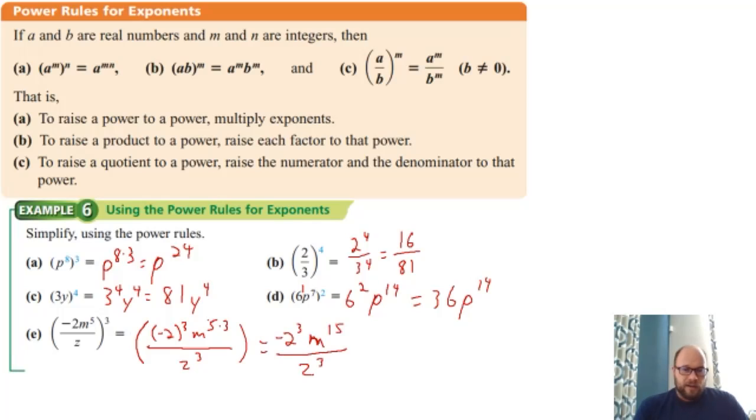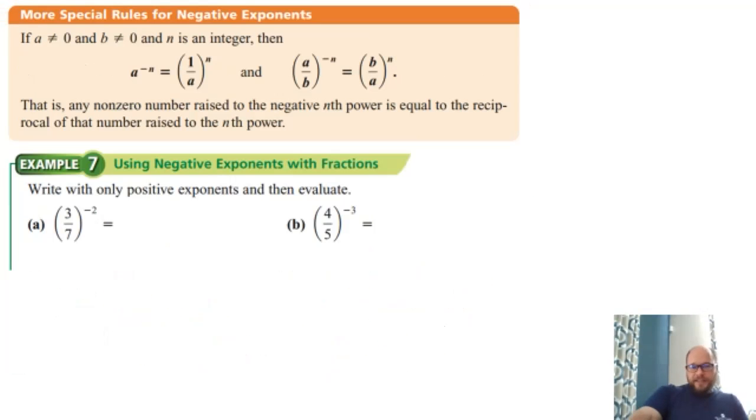We could simplify this. -2 times -2 times -2 is going to give us a -8. So we could also rewrite this as a -8 m to the 15th over 2 to the 3rd. That'd be our answer. All right, this one is really just an extension of our negative exponent rule from earlier.